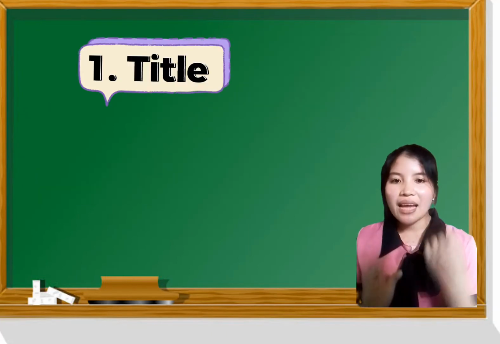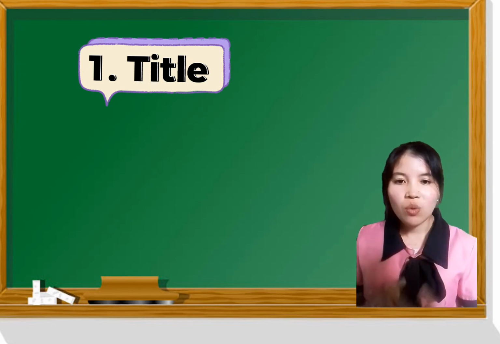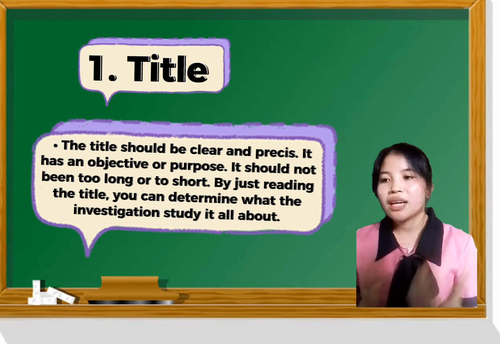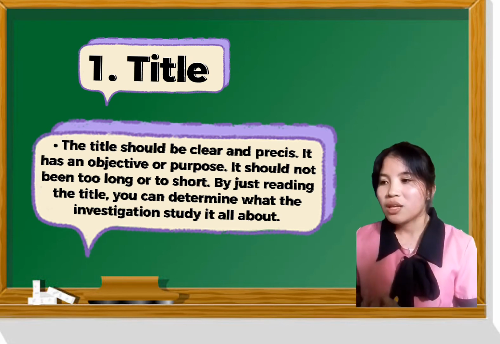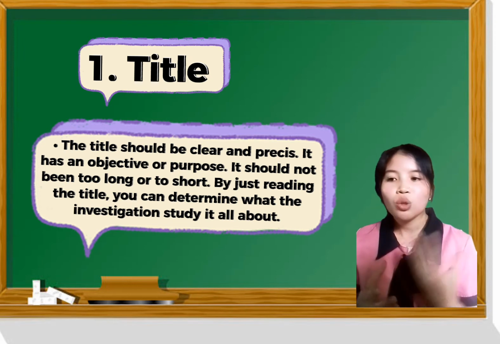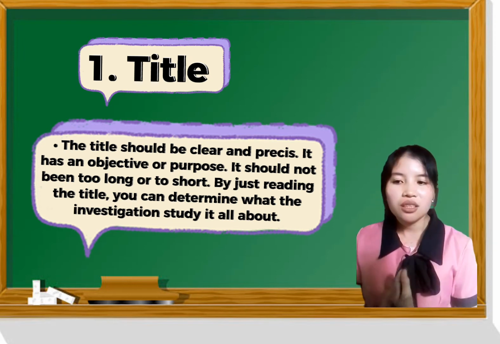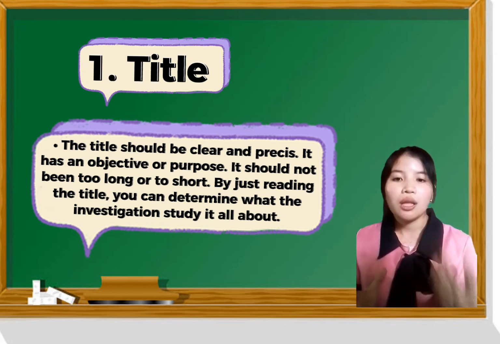The first one is the title. The second is the abstract. Let's define first what a title is. The title should be clear and precise. It has an objective or purpose. It should not be too long or too short. By just reading the title, you can determine what the investigatory study is all about.